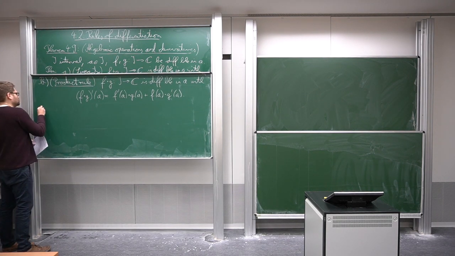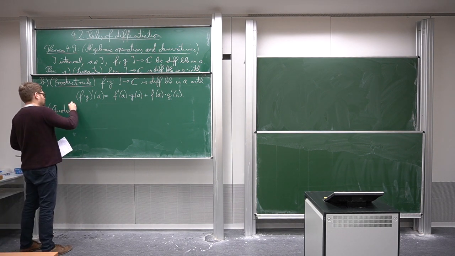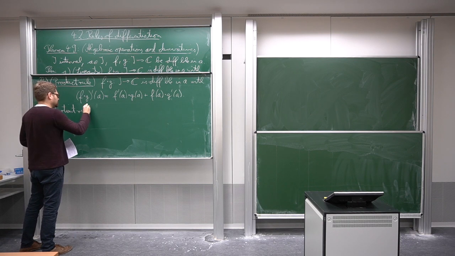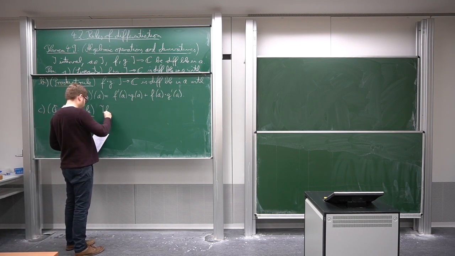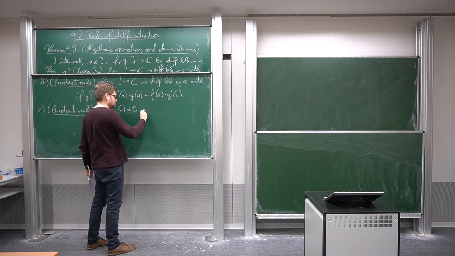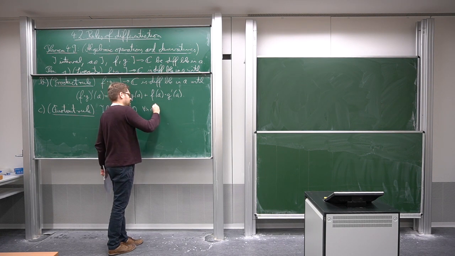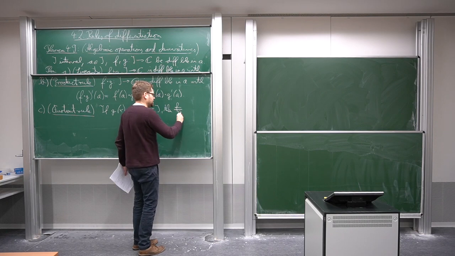Then we get the quotient rule, which is actually a hidden product rule, but it's useful to memorize this on its own, the quotient rule. So if we assume that g is non-vanishing, so g of x is not equal to 0 for all x in I, then the quotient, this is what we need to have f divided by g well defined.